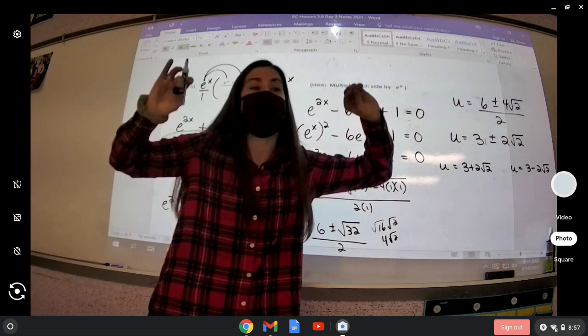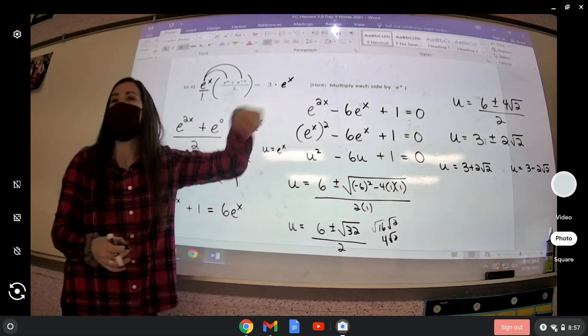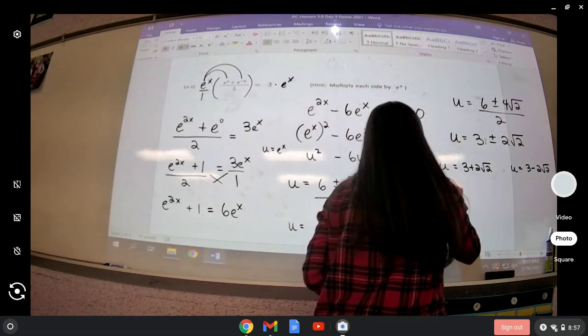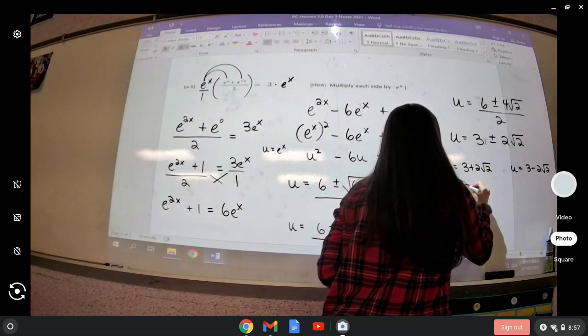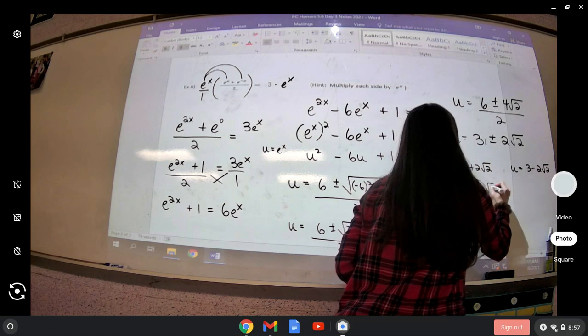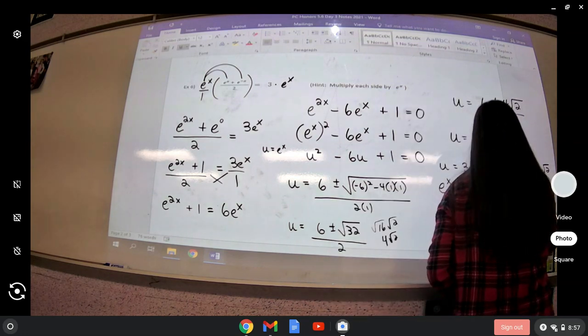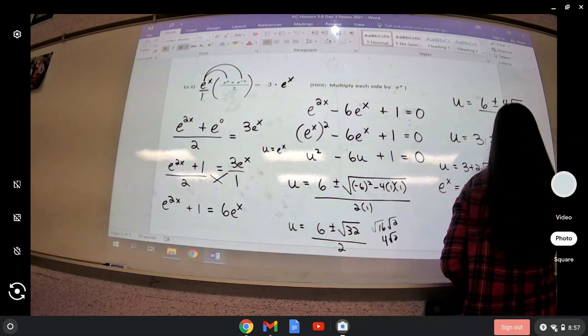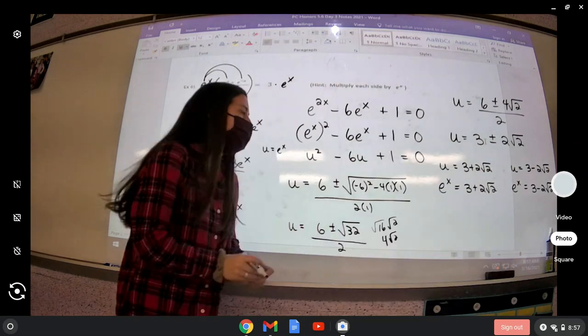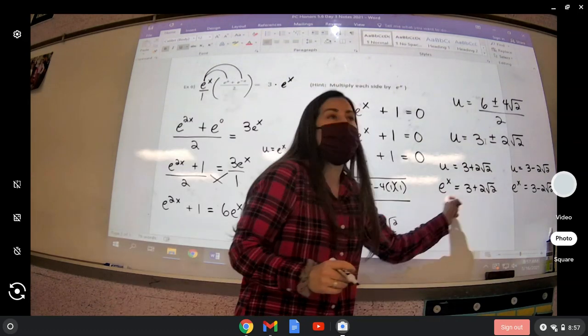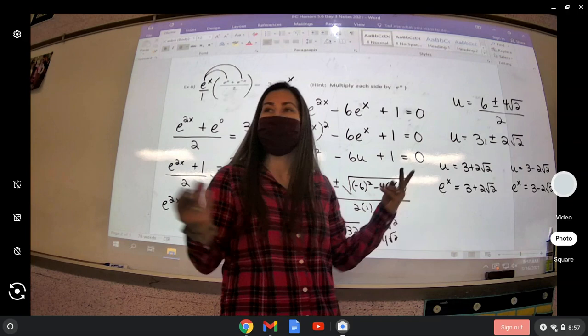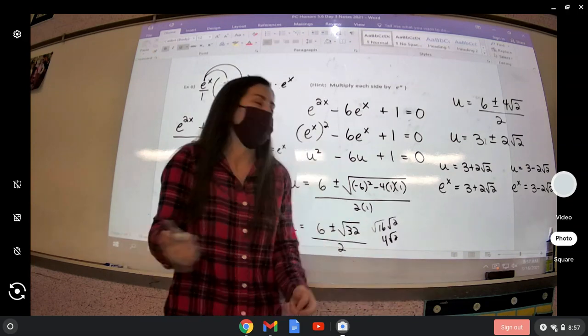Now that we've solved it for u, put the e to the x back in. And now, when I natural log both sides, the natural log and base e cancel each other. It's actually a good base.